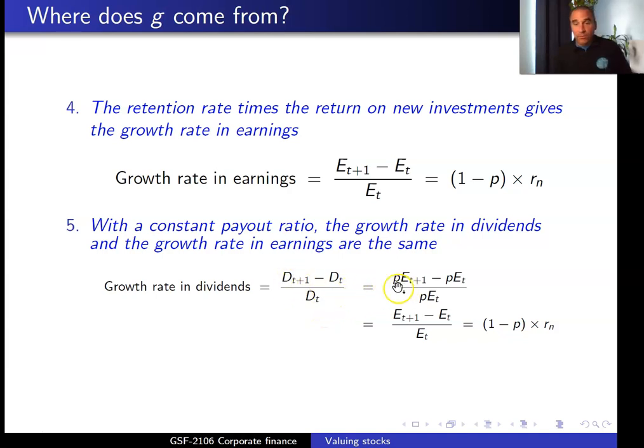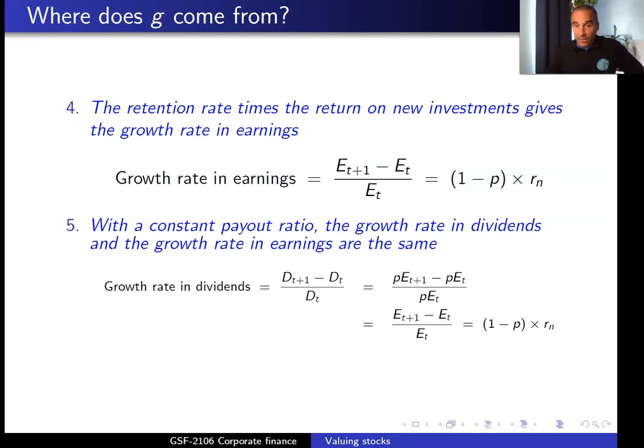So it is (p E_{t+1} minus p E_t) divided by p E_t. The p multiplies every variable in this fraction, so the p's cancel one another. So the growth rate in dividends is equal to the retention ratio times the return on new investments.